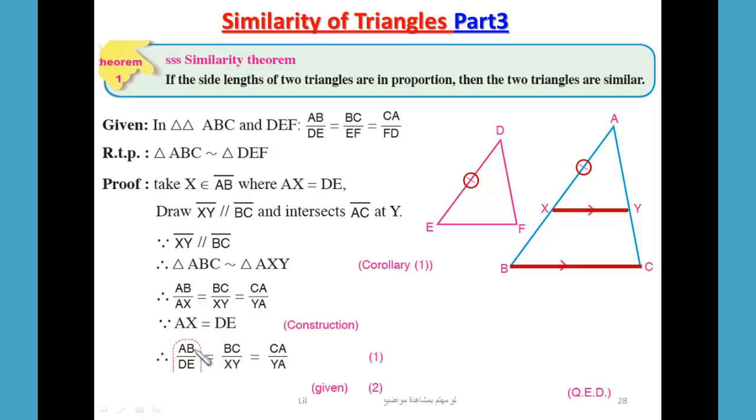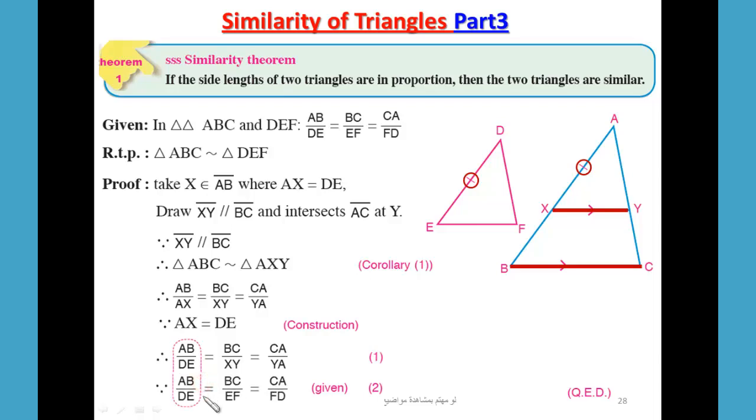AX equals DE. So AB over DE equals BC over XY equals CA over YA.